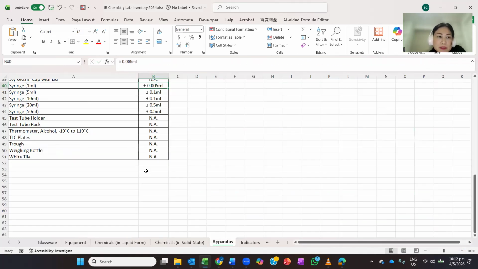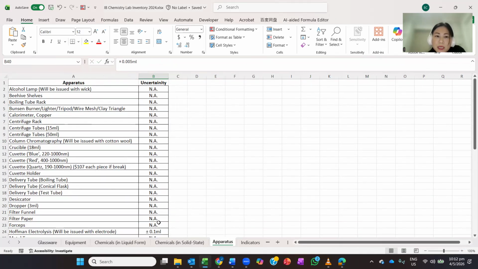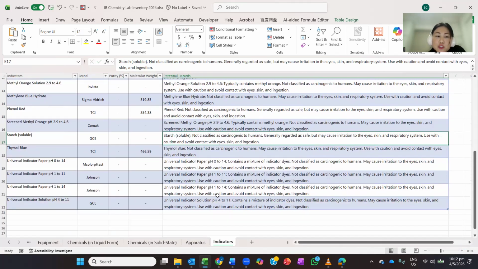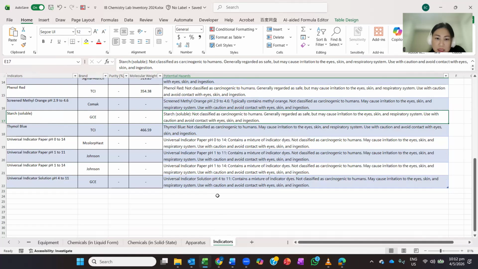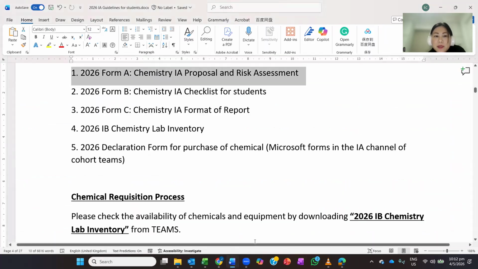These are some of the other apparatus that we may have that you may want to use. We put it here for you to have some understanding, along with the indicators available. So you search through the whole list to find what you need first, to make sure that what you're using is available.